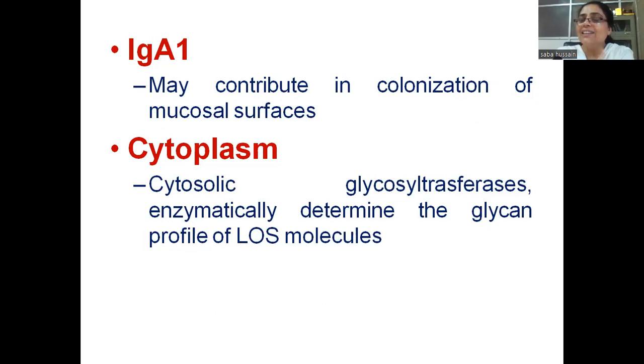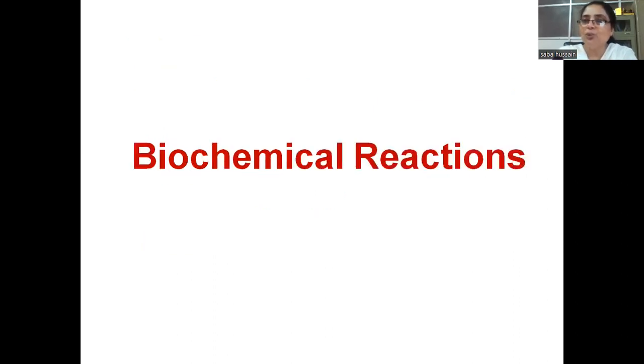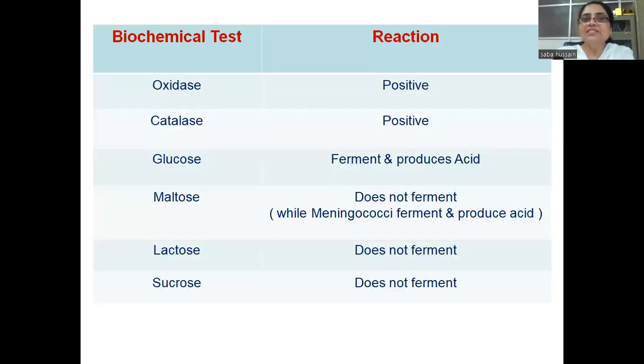And this glycan keeps on changing, the structure patterns keep on changing, and that is why one strain of this bacteria can show different phenotypic characters and thus can fool the innate and adaptive immunity both.